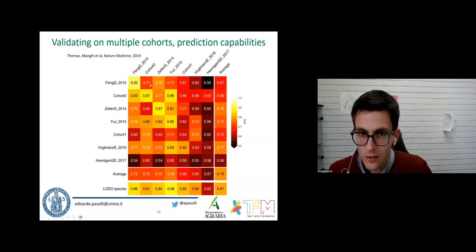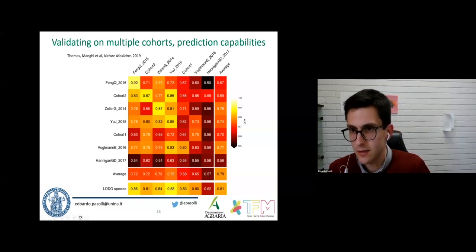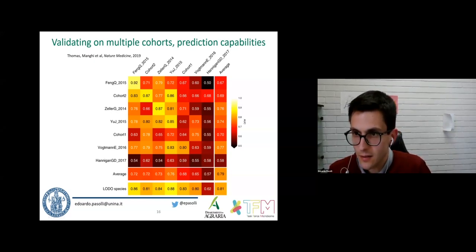It means that we are training on this FANG data set and we are testing on a different data set. So here we are trying to generalize the model to a different data set. In general, we observe a decrease of the accuracy that is in some way expected because we are validating on a different data set.